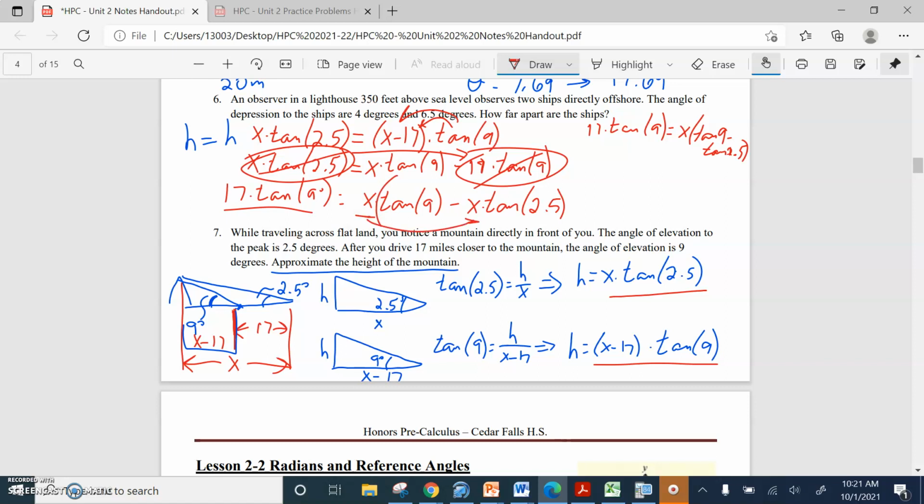So it's really x times tan 9 minus tan of 2.5. Now I can divide both sides by this parentheses, tan 9 minus tan 2.5. So now we have x equals 17 tan 9 all over tan 9 minus tan 2.5.